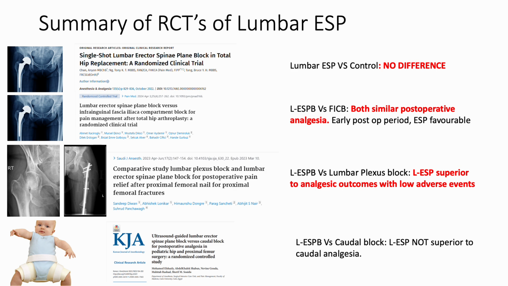In the last trial of pediatric hip surgeries, where ultrasound guided lumbar ESP block was compared with a caudal block for postoperative analgesia, caudal block provided superior analgesia compared with lumbar ESP block.